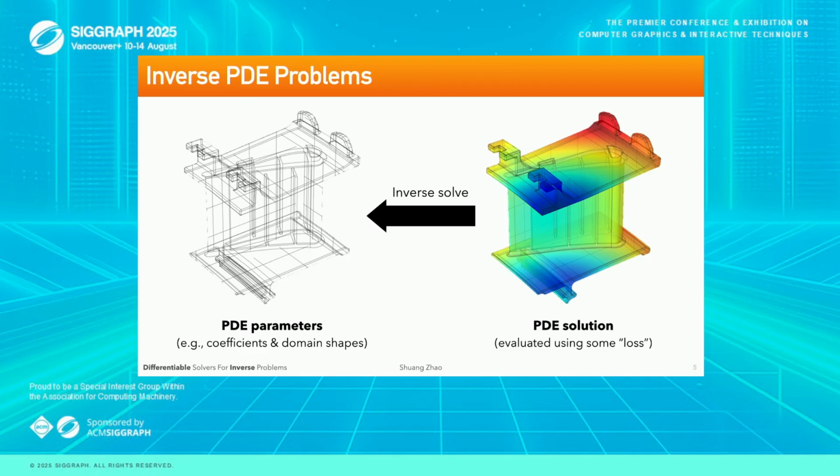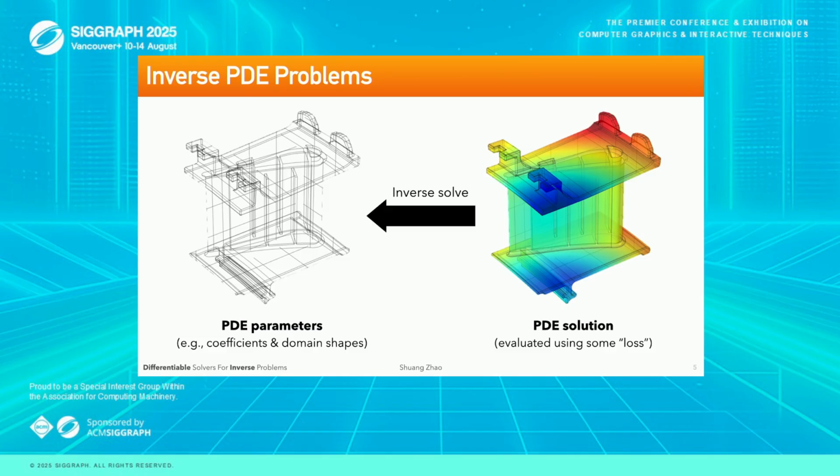For example, you may want the temperature distribution to be uniform. You may want the volume of a domain to be minimized, constrained by a certain PDE. So now in this case, what we want to infer would be the PDE parameters, including the shape of the domain, etc., given its solution or given a metric of that solution.